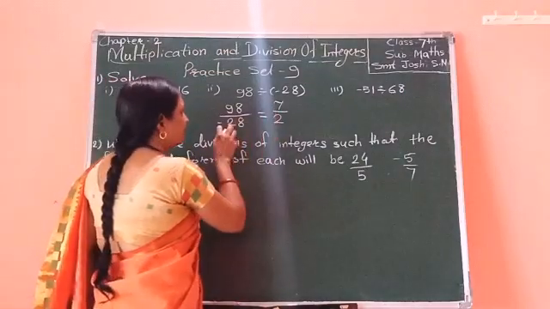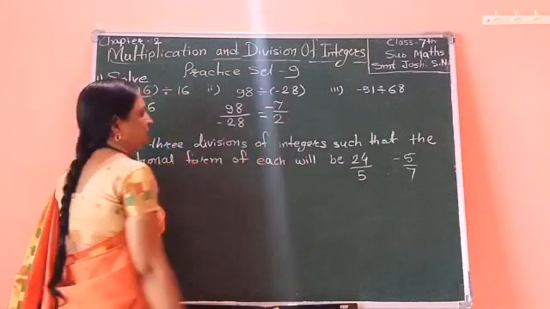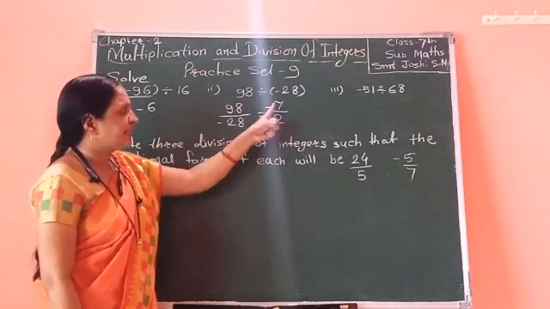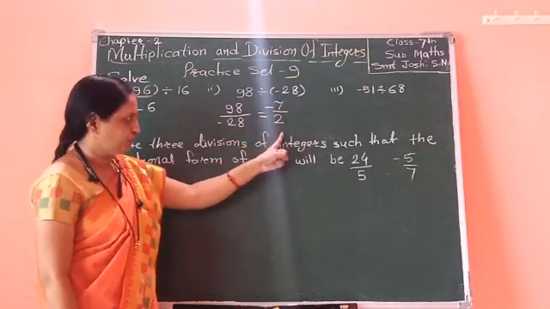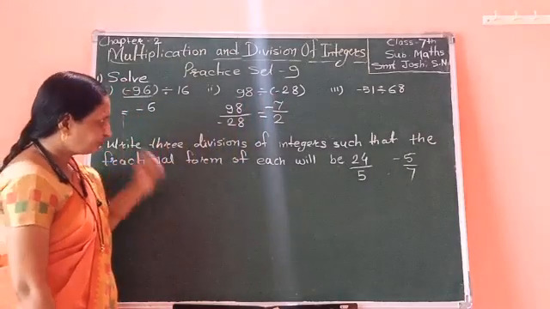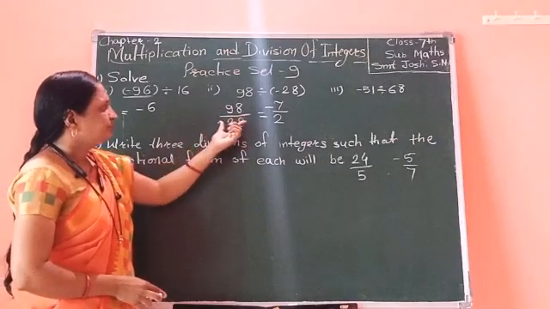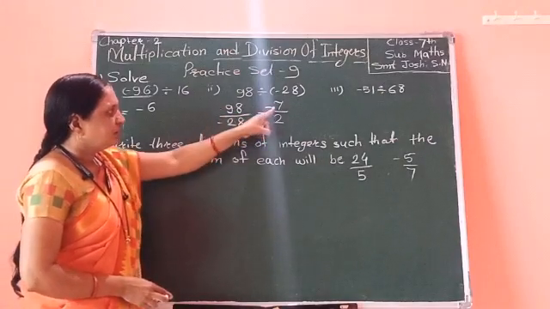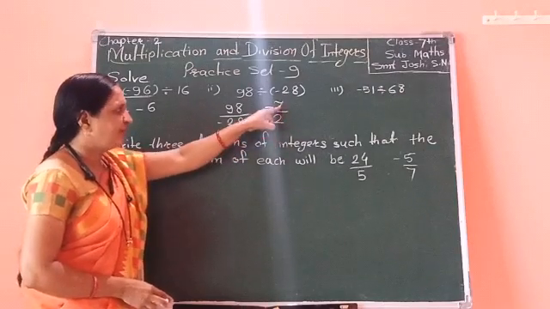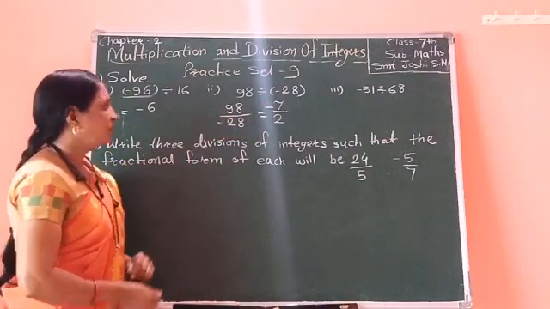Here the negative sign is given to the numerator. The answer is negative 7 upon 2. It is not an integer, it is a rational number. We cannot divide 7 by 2, so the answer is negative 7 upon 2.